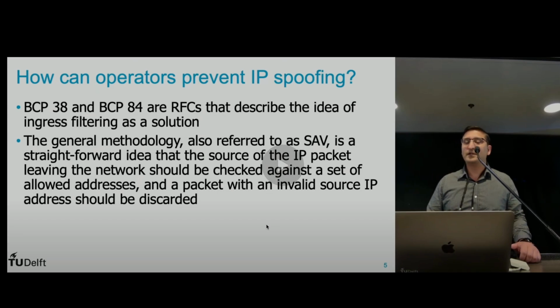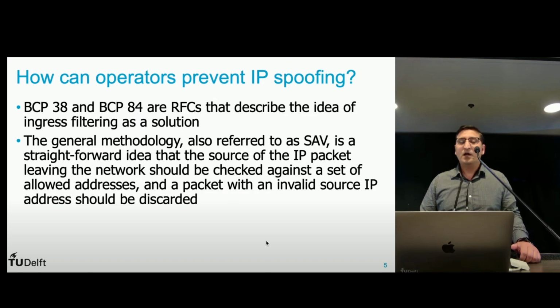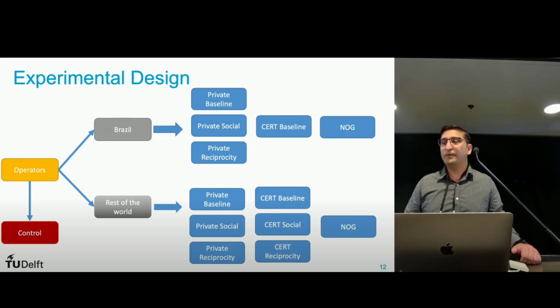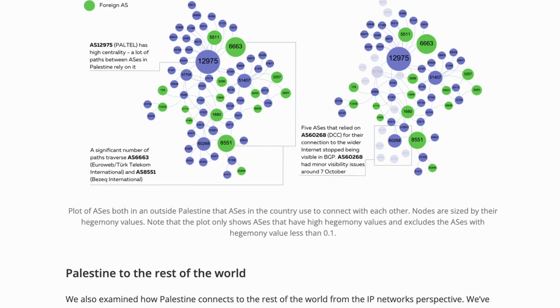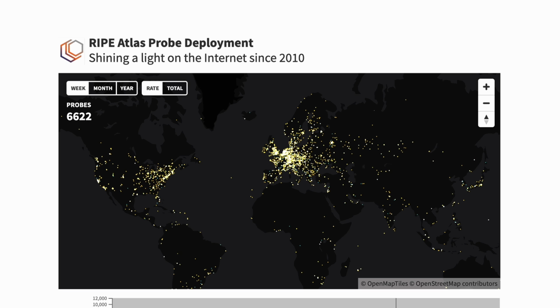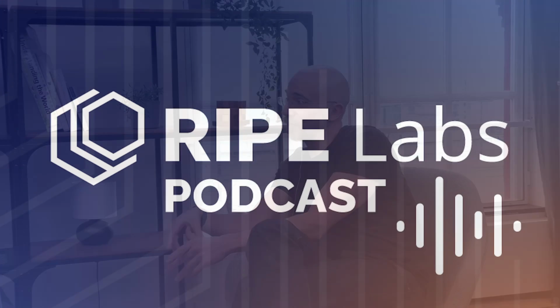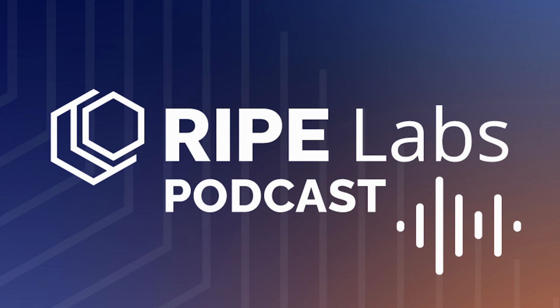With that in mind, a lot of Qasim's work seems to involve coming up with ways to test whether the internet is operating as it ought to, and developing analyses and tools that help determine whether that's the case. I got to talk to Qasim in more detail about his work and also about the role that RIPE Atlas plays for internet researchers in the field. I'm Alan Davies, the RIPE Labs editor, and this is the RIPE Labs podcast.